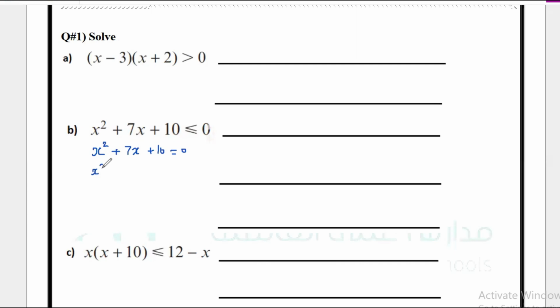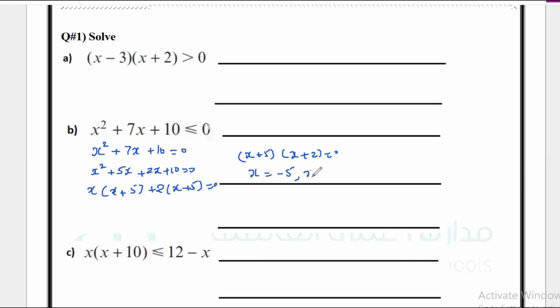Like we can say x squared plus 5x plus 2x plus 10 is equal to 0. So we have x common in the first part, which gives x plus 5, and 2 common in the second part, so x plus 5. So we are getting (x plus 5)(x plus 2). That means x is equal to -5 and x is equal to -2.